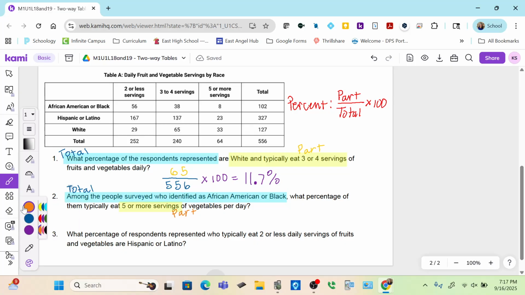So let's take a look. How many people in the survey identified as African American or Black? So I find where my African American or Black category is, and I find the total for that category, which is 102. So that's my denominator.